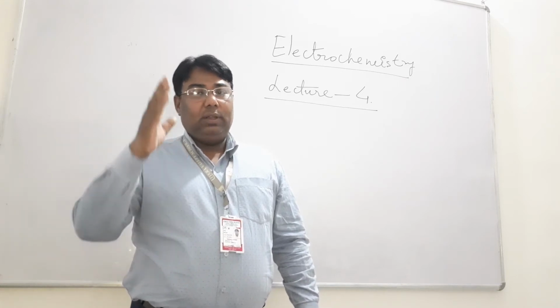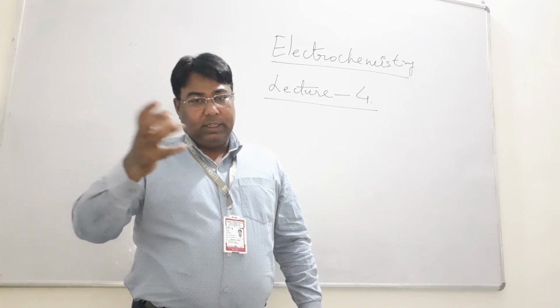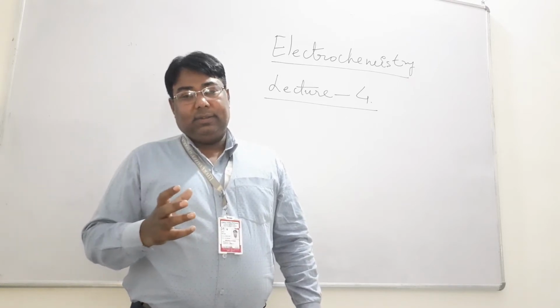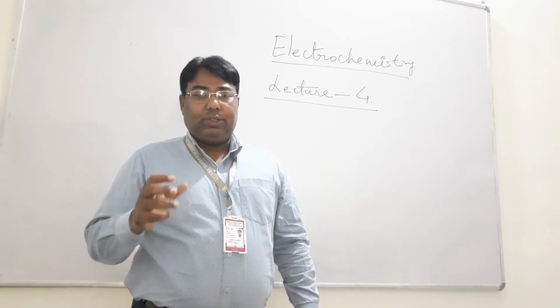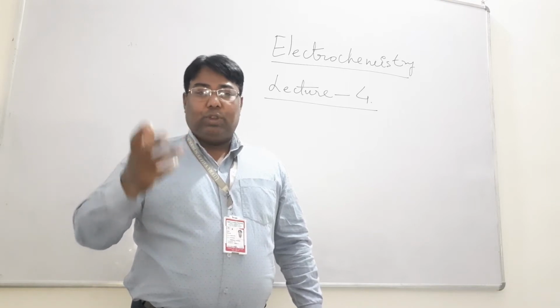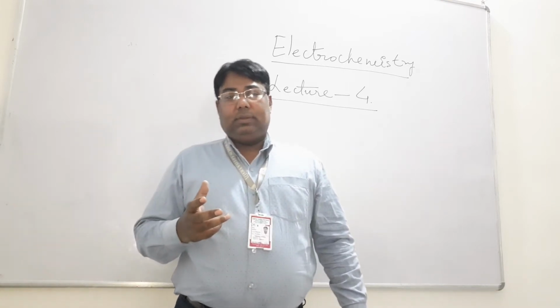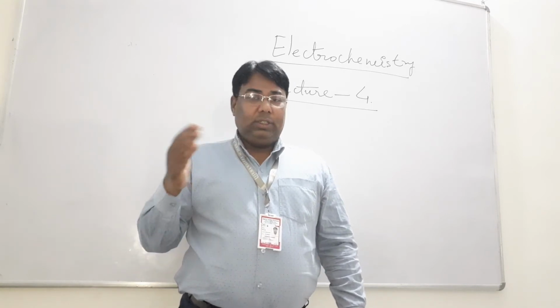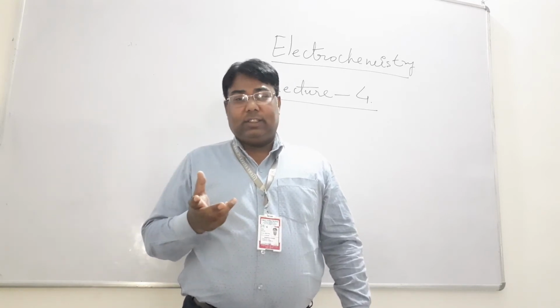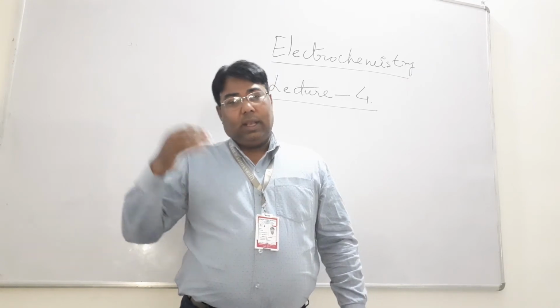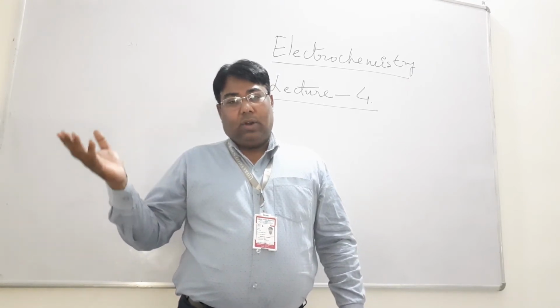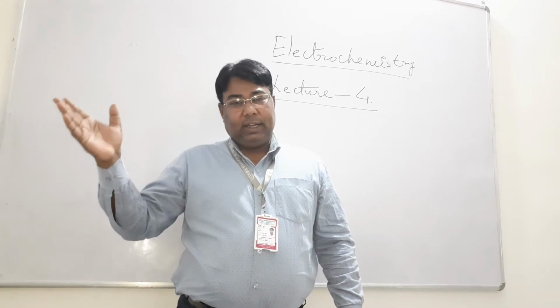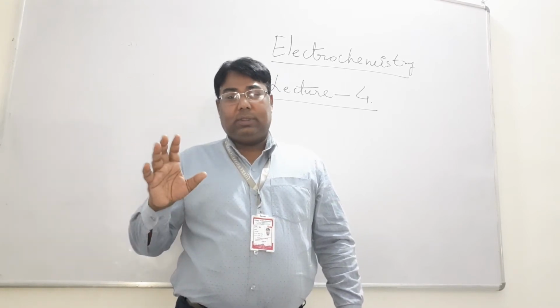For example, a zinc rod is surrounded with zinc ions, so due to the difference in electrons, electrode potential is developed. In this half cell, reduction takes place, so it is said to be reduction potential. In the other, oxidation takes place, so at that electrode, oxidation potential is developed.